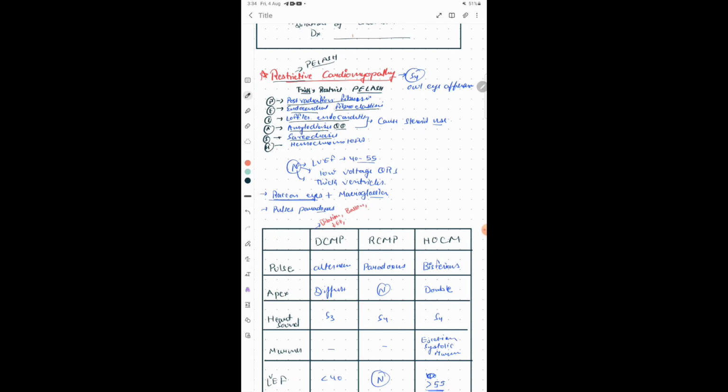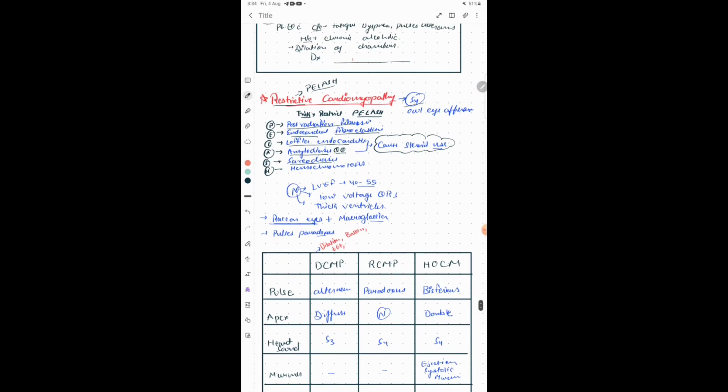Loeffler and amyloidosis are most commonly due to steroid use, and the S4 sound appears. Here there is restriction, so an owl-eye appearance on echo.